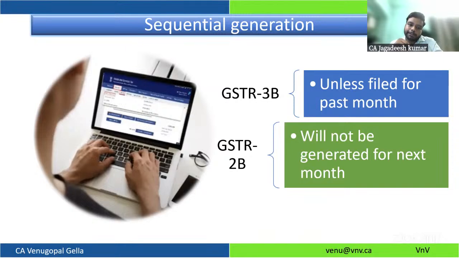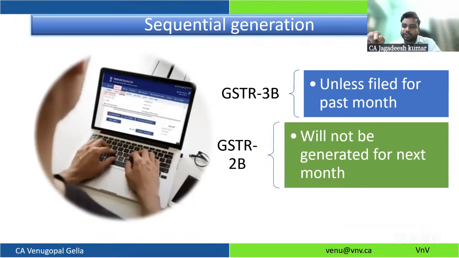Let's say you have not filed your 3B even after the 14th of the next month, let's say even after Jan 14, 2025. In that case, your 2B will not be generated. What I have to do is, after filing your 3B, let's say on Jan 15 you have filed your 3B, your draft 2B will not have been generated on the 14th because you had not filed your 3B in the previous month.